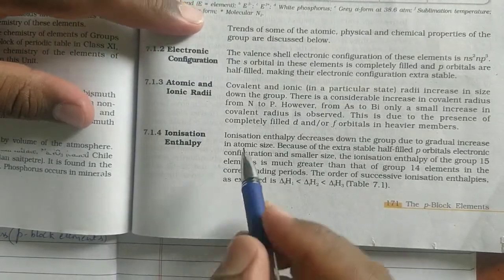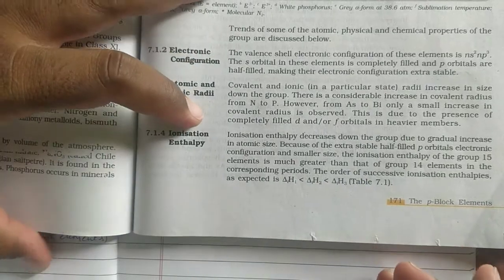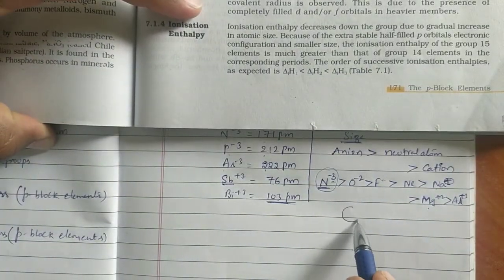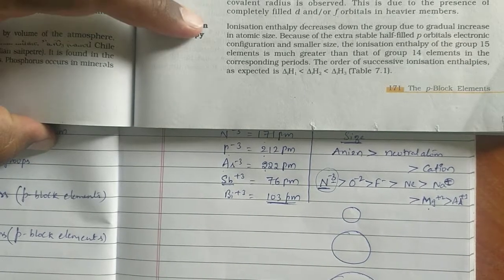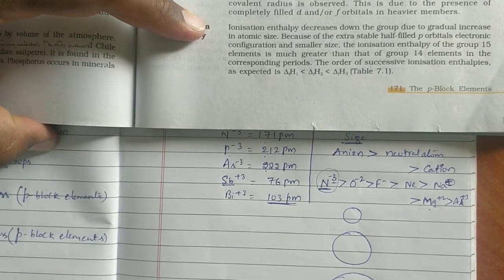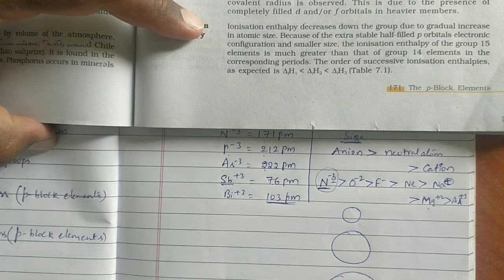Next, ionization enthalpy. Ionization enthalpy decreases down the group, because down the group the size of the atom increases. When the size of the atom increases, we can remove the electron present in the bigger one easily by giving less amount of energy. That energy is called ionization energy.